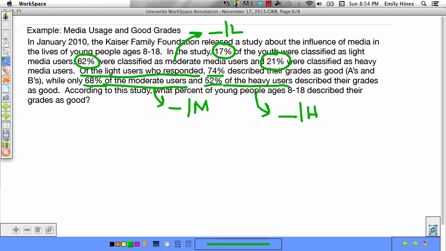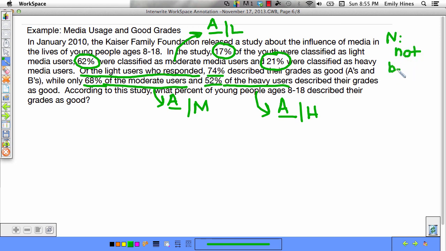So if they're describing their grades as good, then we're just going to call it A, for being an A student. So let L be that they are a light user of media, M be that they are a moderate user of media, H be that they are a heavy user of media, and we'll let A represent them being a good student, and we'll let N represent them not being a good student.